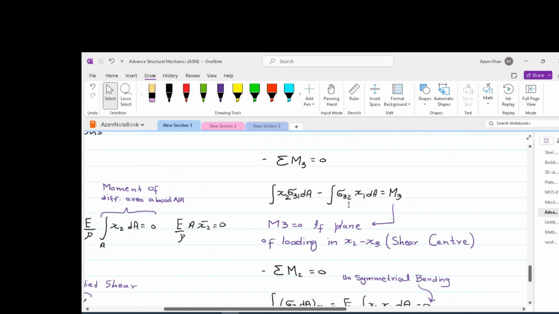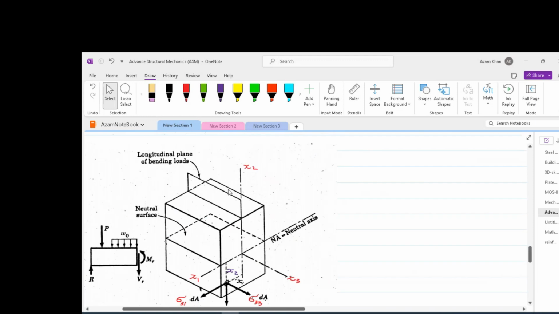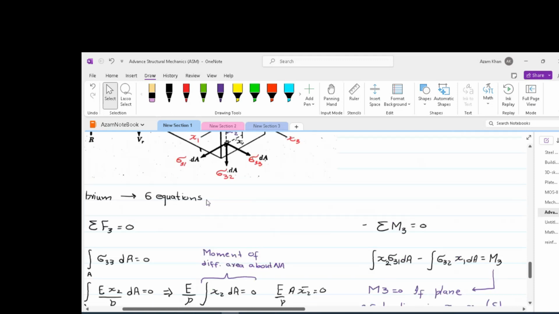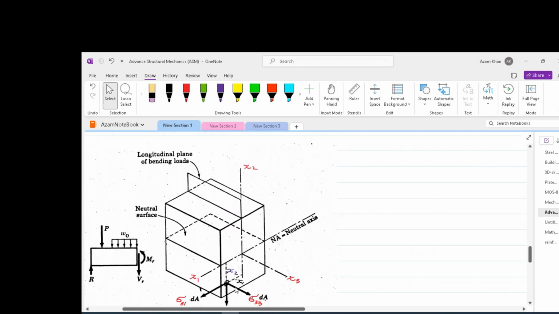Let us now consider summation of all moment about M2 must be equal to 0. So again, we don't have any externally applied moment about x2. So therefore, we will get 0. On the other hand, the force which is responsible to cause internal moment about x2 is sigma 33 dA times x1.